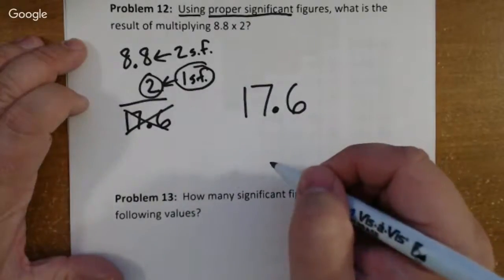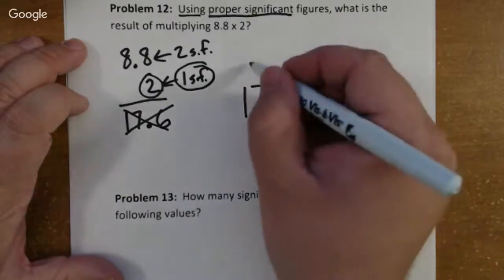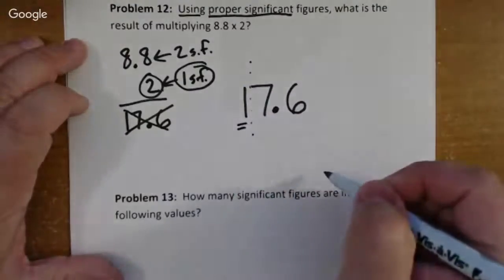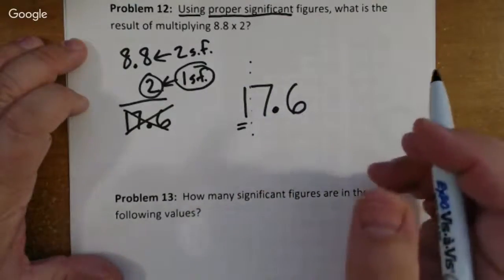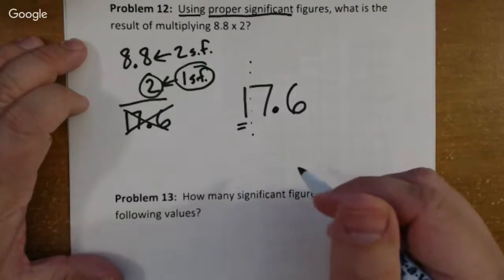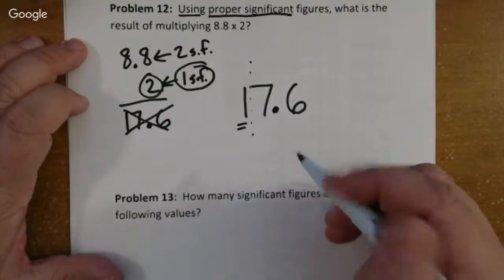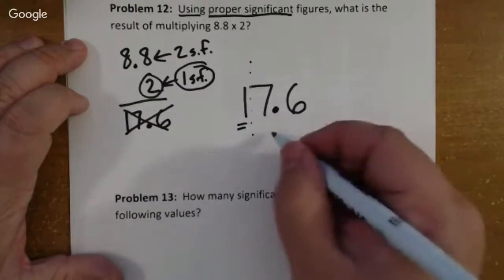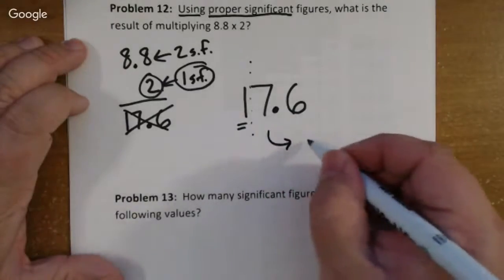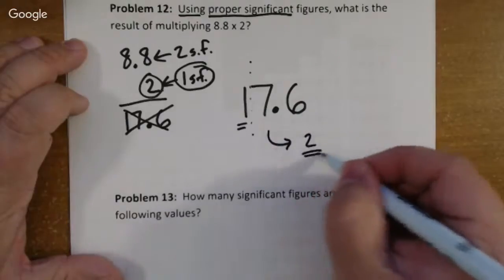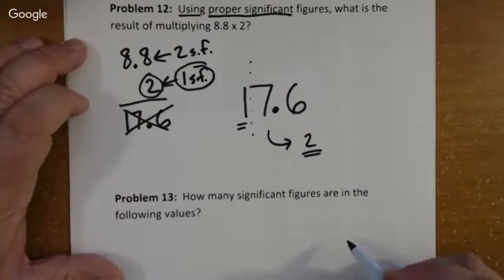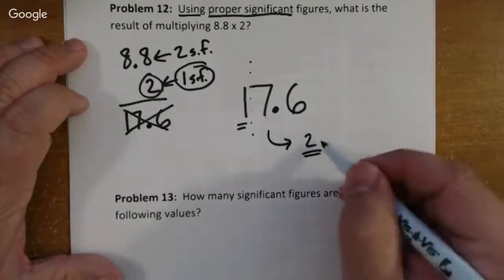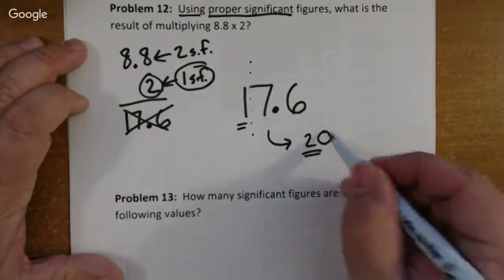This is kind of rough, because it looks like I would just keep the 1. But right, J. Hawkins, I would keep 20 for my final answer. What's often done is you'll round this to say 2, but then stop and look at your answer. 17.6 doesn't round to 2. 17.6 would round to 20.